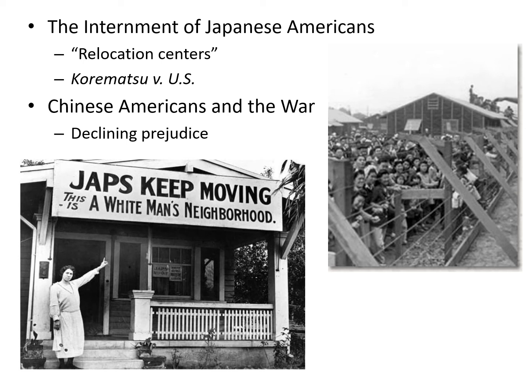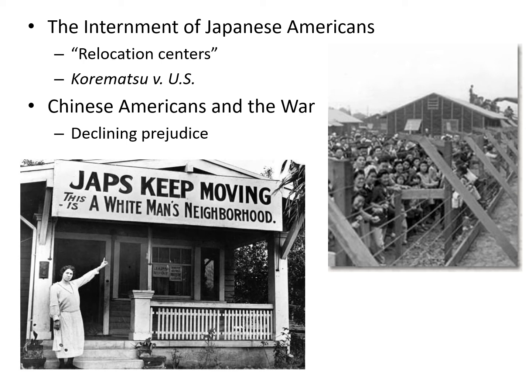Korematsu was a young man who didn't go. He changed his identity and refused to report to one of these relocation camps. He was arrested and sentenced to 5 years in jail. He lost in the local courts. He lost in the Supreme Court.